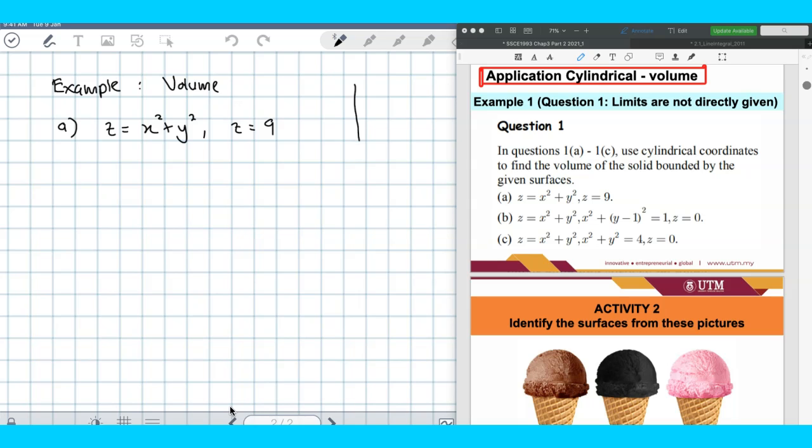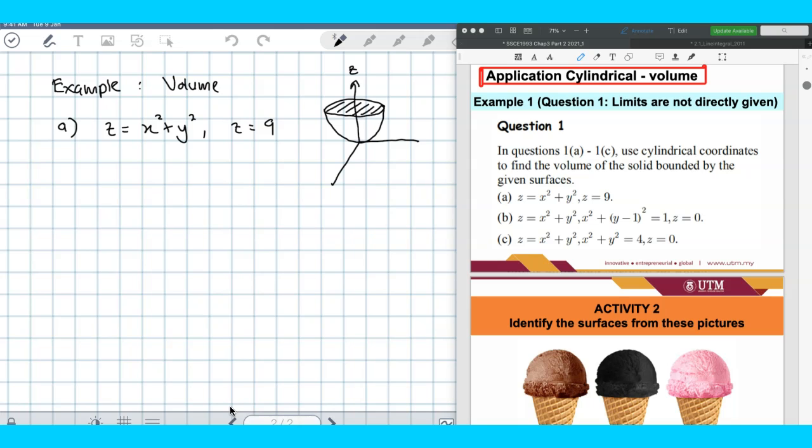I don't want to repeat the procedure as we did in chapter 1. This one is actually a bowl, concave up, a very large bowl, but since we put z equal to 9, we have this plane.